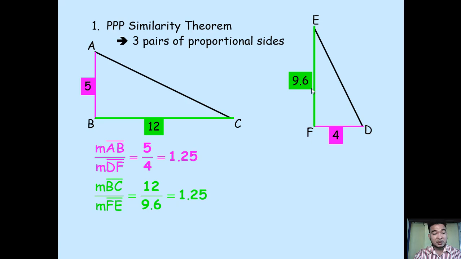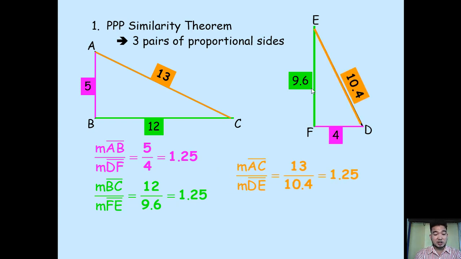So the measure of line segment BC over the measure of line segment FE is 12 divided by 9.6, which is equal to 1.25. And then the last one is line segment AC, which is 13, and line segment ED, which is 10.4.